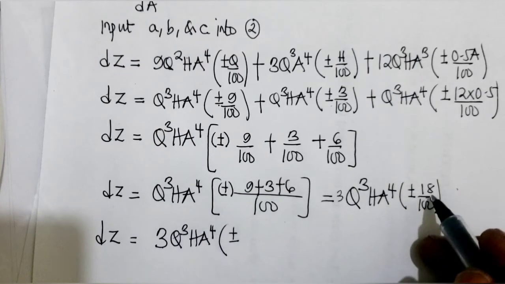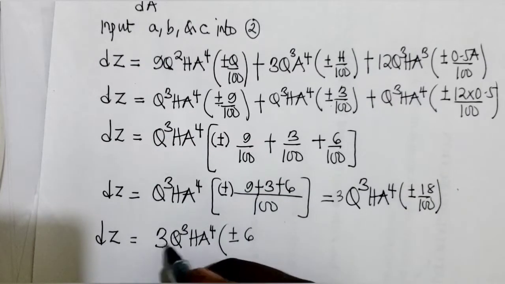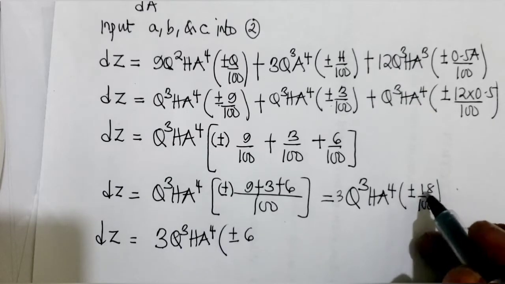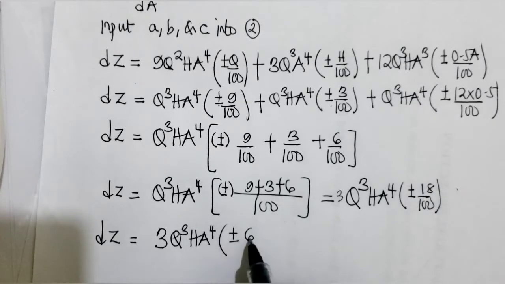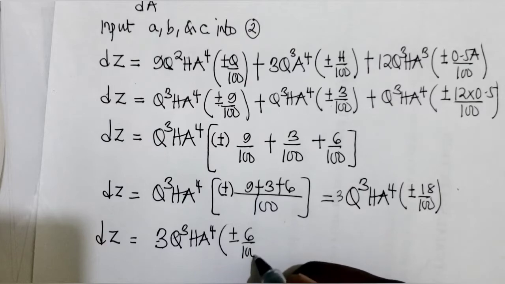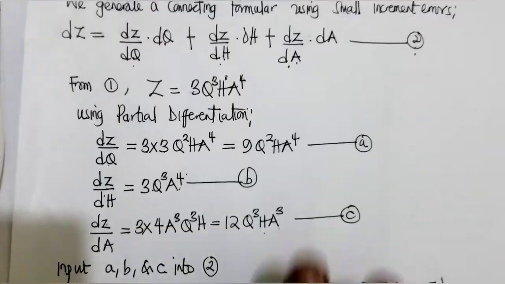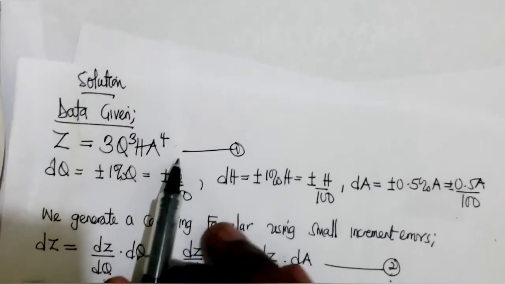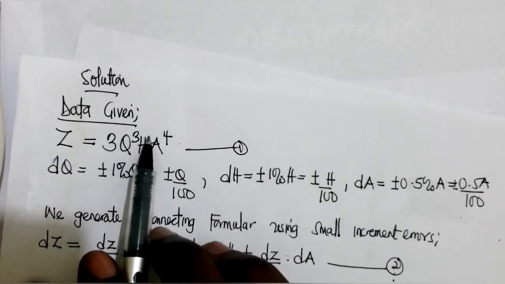How many 3 can we see in 18? That's 6. Meaning 3 times 6 will give us 18. So I break down this 18 in form of this 6 times 3 all over 100, so that I can be having my original question back, which is z equals 3q³ h a⁴.